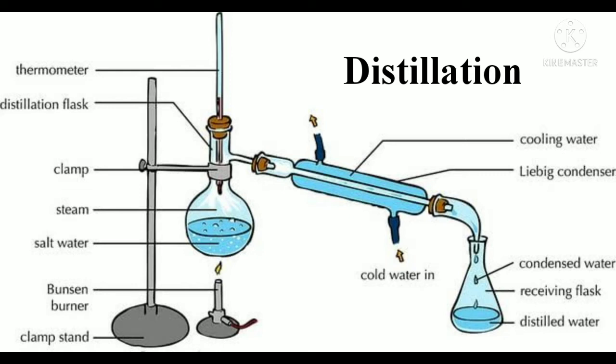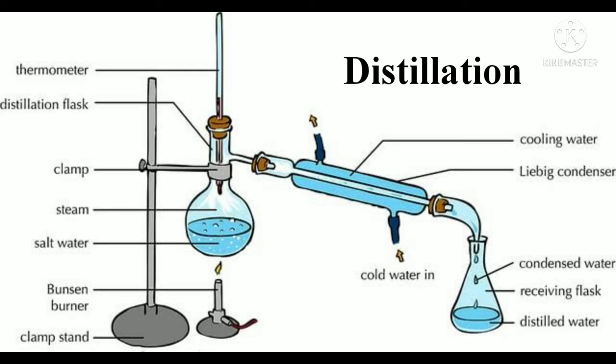Now we will heat the distillation flask containing the tap water, and when this flask is heated, water vapors will rise and go to the Liebig condenser, and water drops will fall in the conical flask.